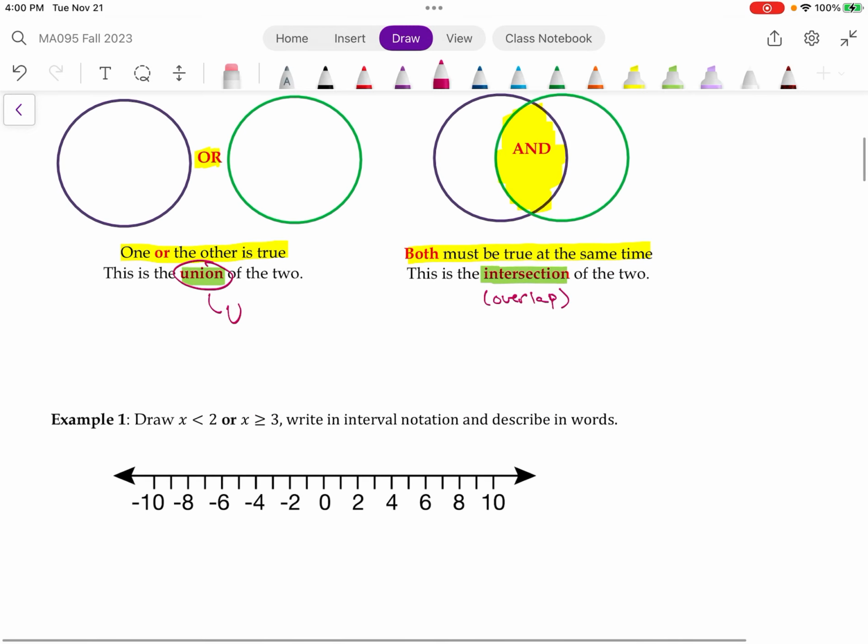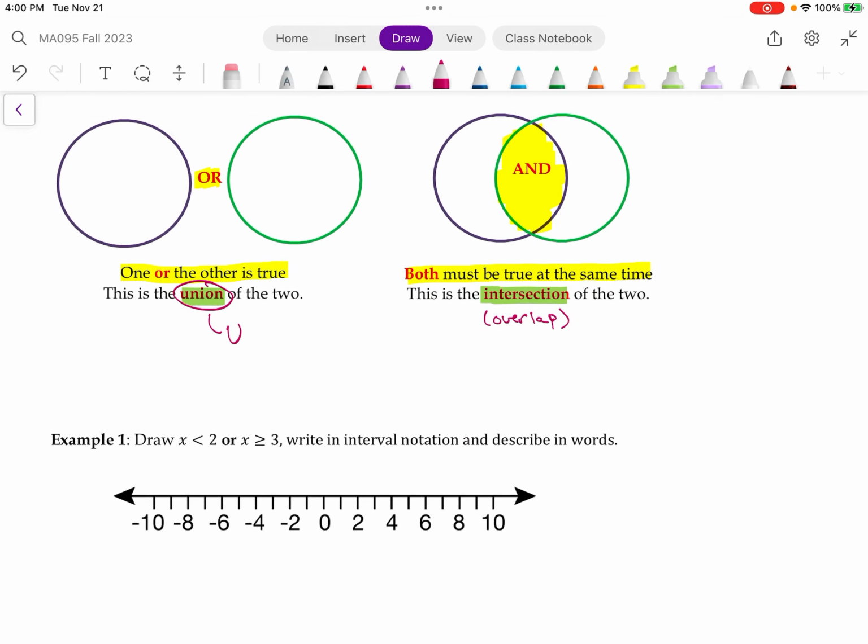All right, so let's start with drawing and then writing in interval notation and describing in words. All right, so we're going to draw this statement right here. X is less than 2 or X is greater than or equal to 3. So what I'm going to be doing in this video is I'm going to do them in different colors. So I'm going to use purple for this one, and I will use green for this one.